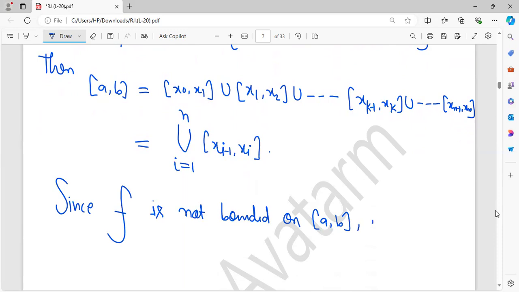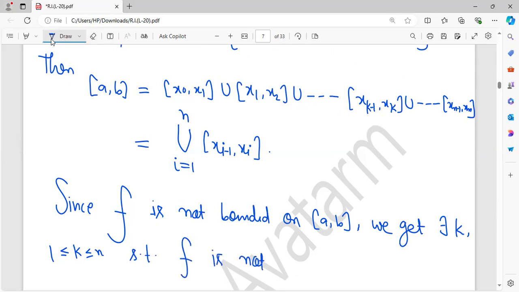We get there exists k such that f is not bounded on [xk-1, xk].